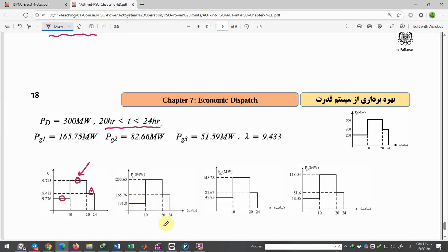In each generator we have this dispatching: the first, second and third periods for generator 1, and the first, second and third periods of generation in power plant number 2 and power plant number 3.